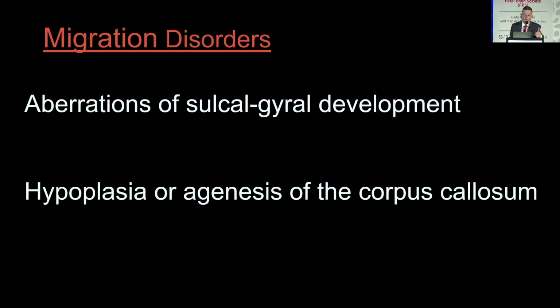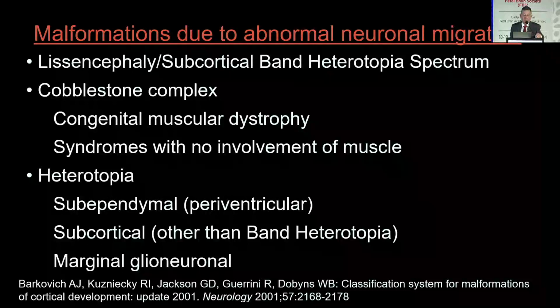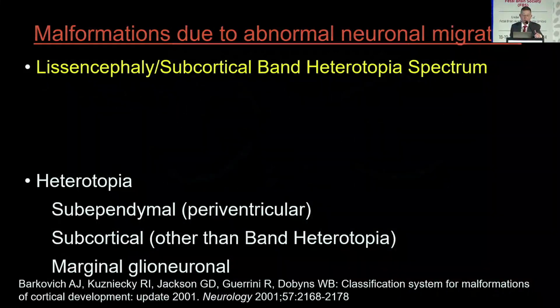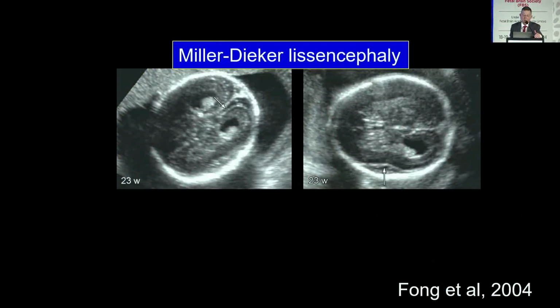Now, if we move from proliferation to migration, we start thinking about the possibility to diagnose lissencephaly, in this case Miller-Dieker lissencephaly, from a paper by Fong and Toi from Canada in 2004, and they were very clever. They did nothing complicated. They performed transabdominal ultrasound examinations.